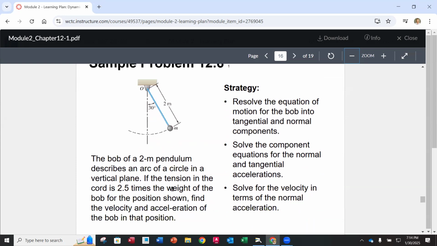If the tension in the cord is 2.5 times the weight of the bob for the position that we see right here, find the velocity and the acceleration of the bob at this position. Okay, so they're giving it to us at 30 degrees, the 2 meters, and then here's the mass itself.